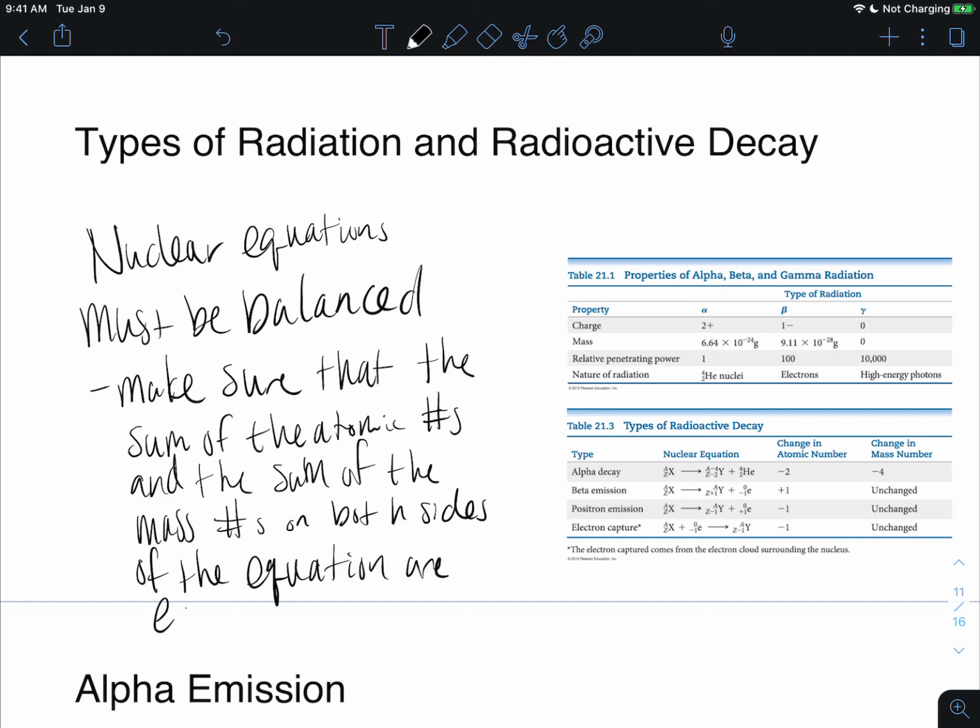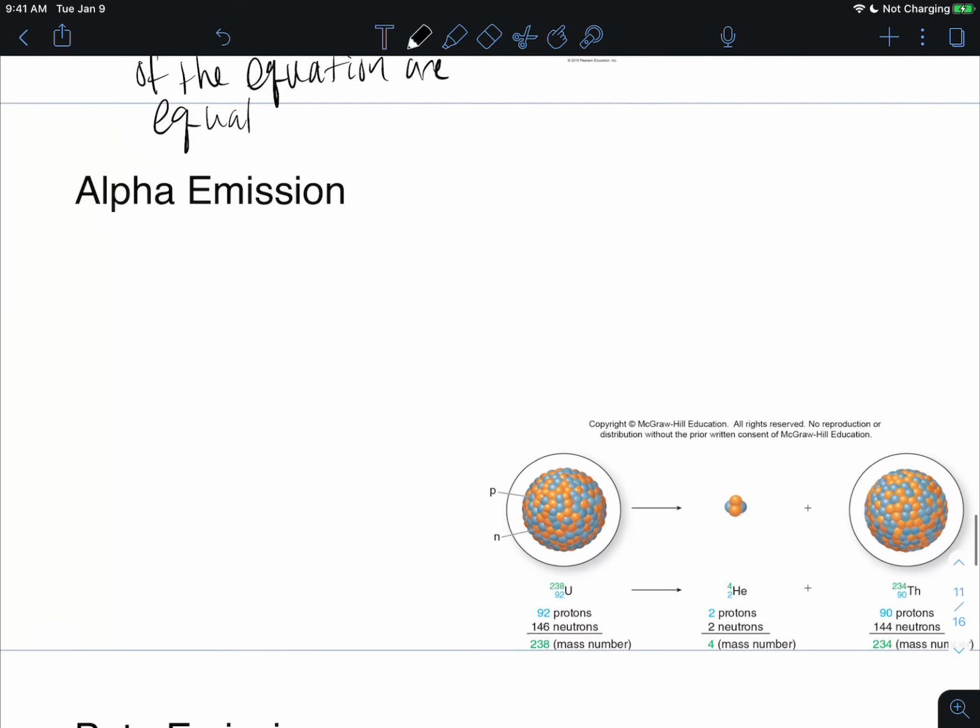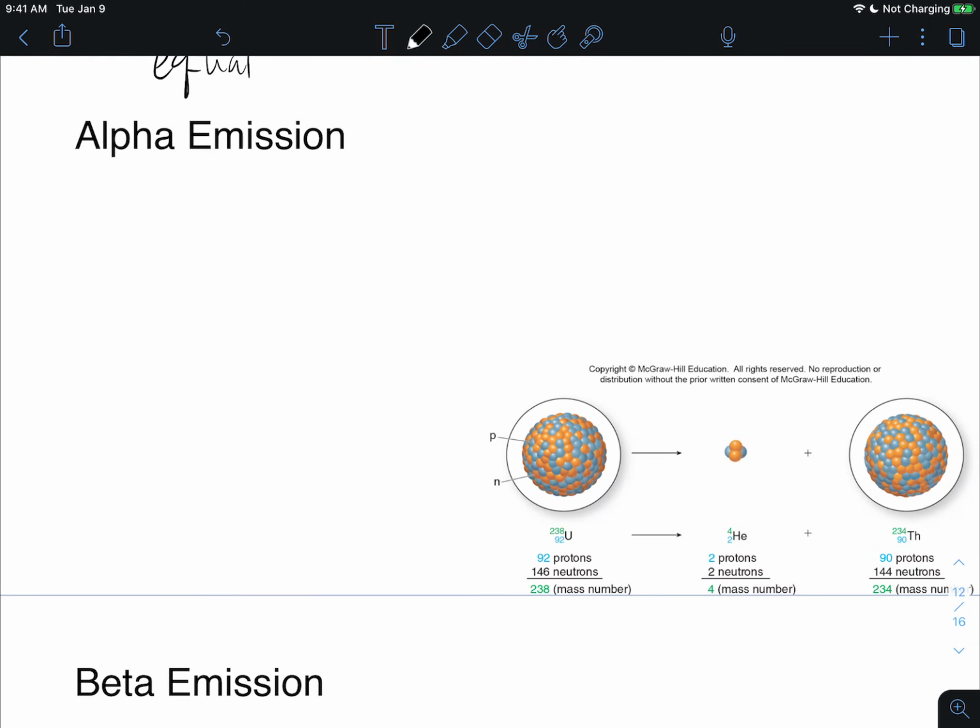And that's going to be the easiest way to solve for these radioactive decay equations. So let's first look at alpha emission.